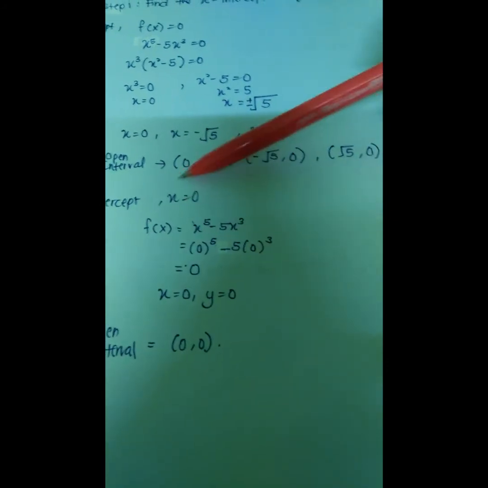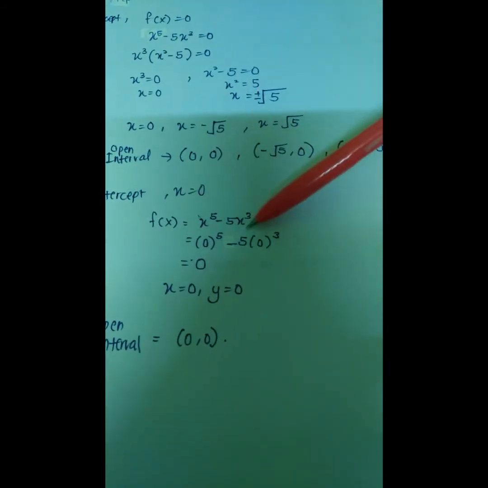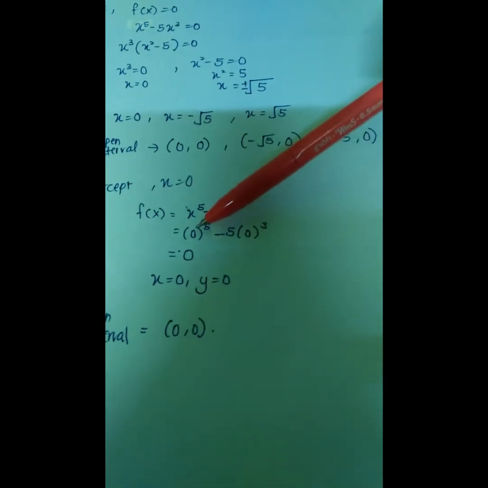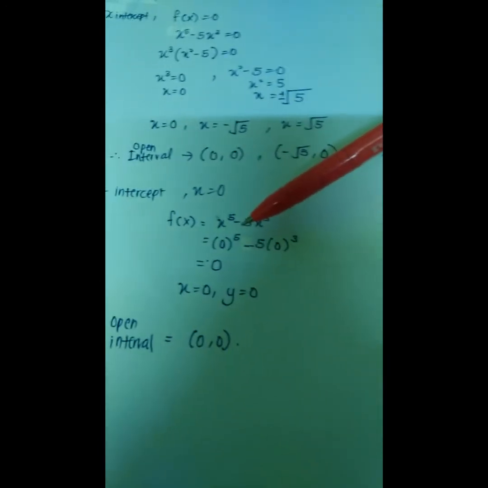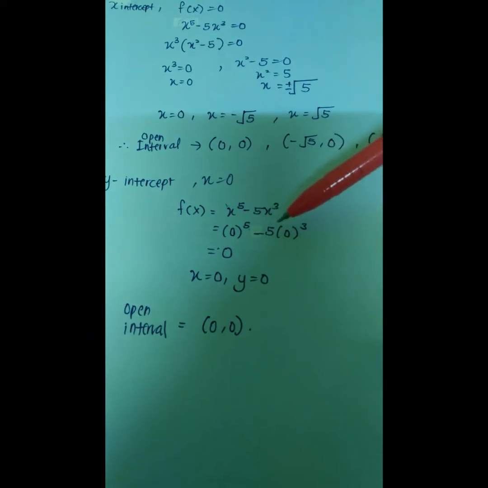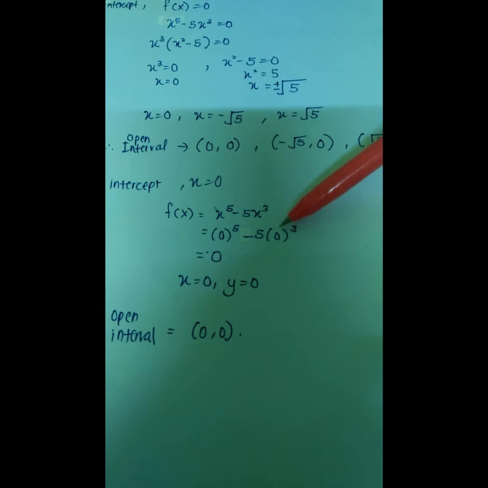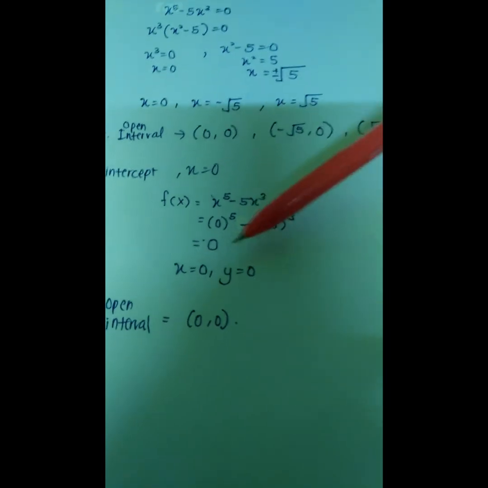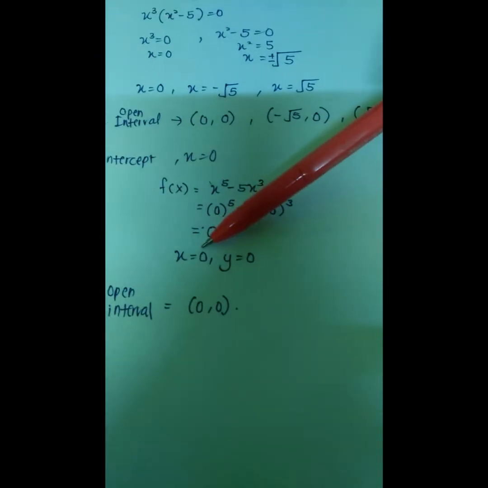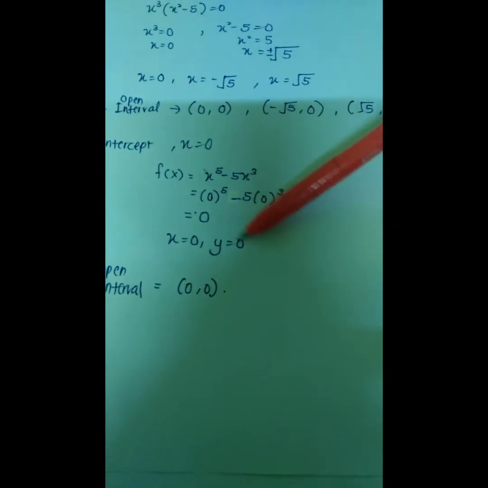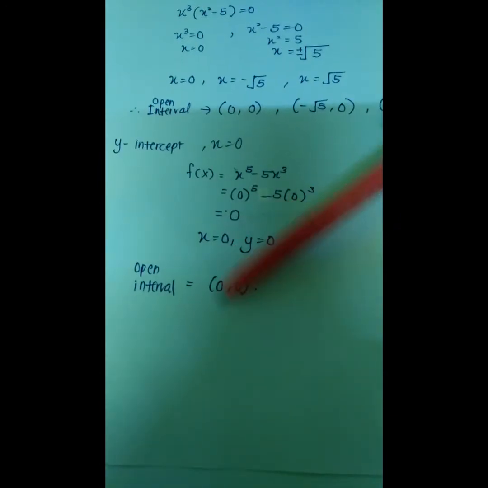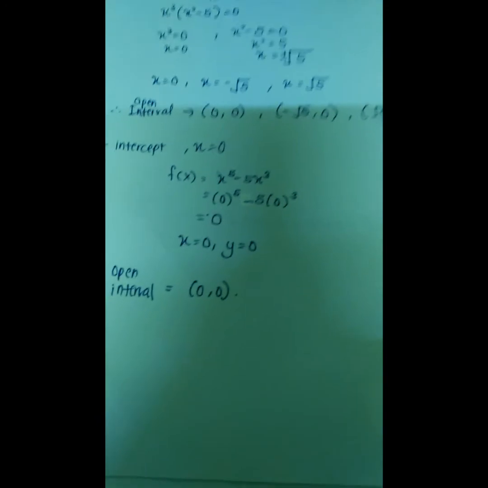So we substitute x equals 0 in our function given: 0 power 5 minus 5 times 0 power 3. So we will get 0. So when x equals 0, our f(x) equals 0. So in interval form we will write like this. So we already finished step 1, the x-intercept and y-intercept.